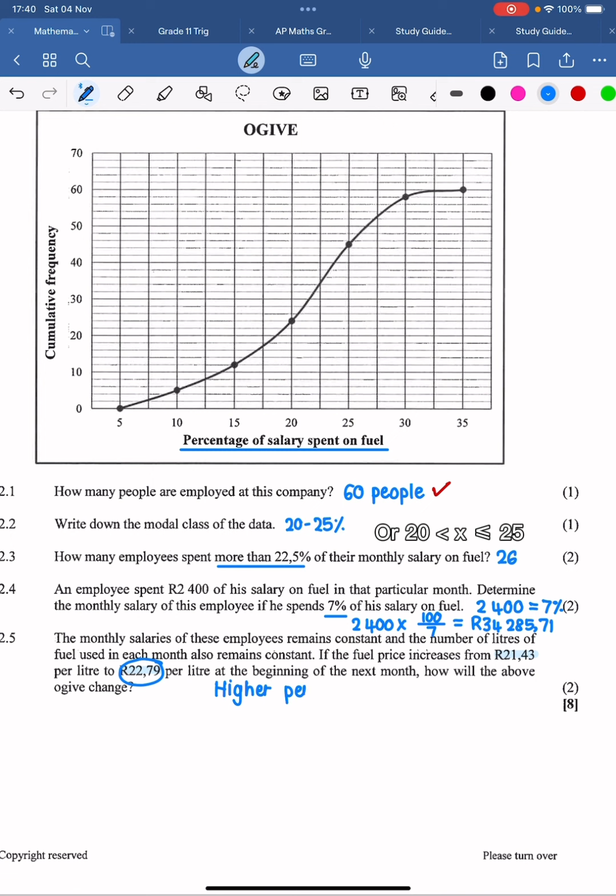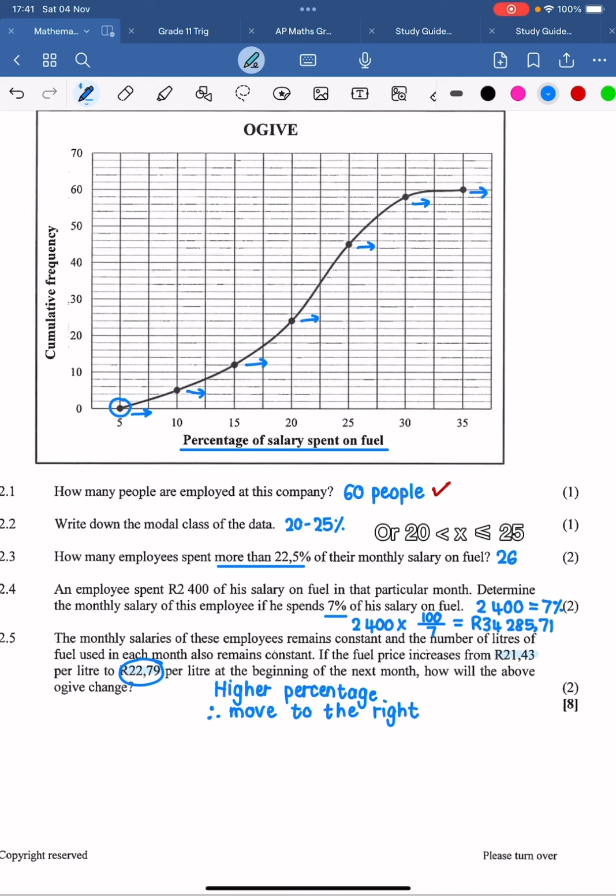So the percentage is going to increase. So for example, our first point here of 5%, that is going to move to the right because that is no longer going to be 5%. Because the petrol is more expensive, that is now going to be more than 5%. That is going to happen to every single point on this graph. So what we can say there to get those 2 marks is that the ogive will move to the right.